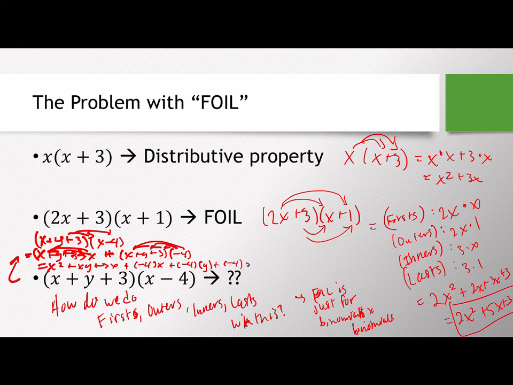That will give you the x squared plus xy plus 3x minus 4x is minus x, and minus 4y minus 12. Okay, that's what you have to do.